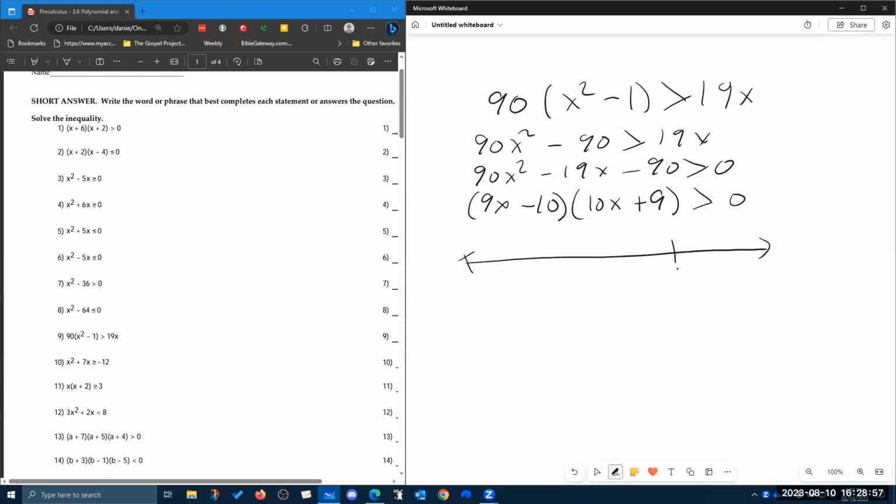The zeros are 10 ninths and negative 9 tenths. Neither can be equal to them, because we're not allowed to be equal to 0. My sign pattern is like so, and we want the parts that are going to be positive.